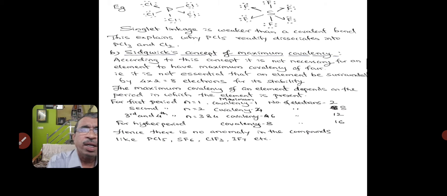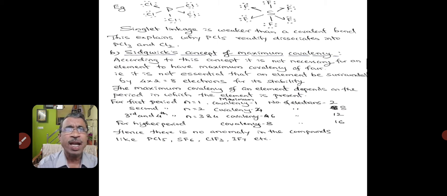That is why PCl5, in general, when it is treated with other, immediately decomposes to PCl3 and Cl2, because of the single electron bond in PCl5. So that gives the 8 electron concept in PCl5.